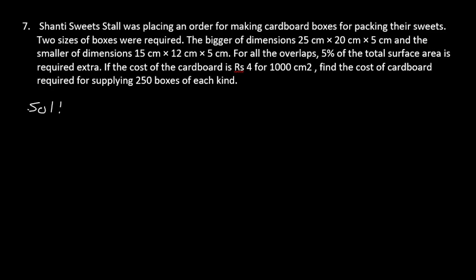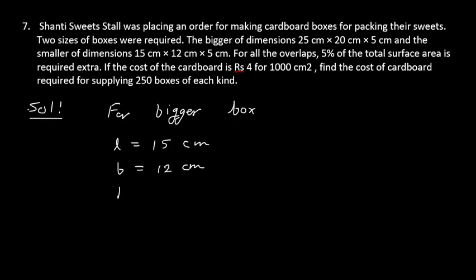The problem is lengthy. So I will say for the two sizes of box, the bigger is given first. So let us write for bigger box we have dimension 15, 12 and 5. So for bigger box, length is 15 centimeter, breadth is 12 centimeter and height is 5 centimeter.